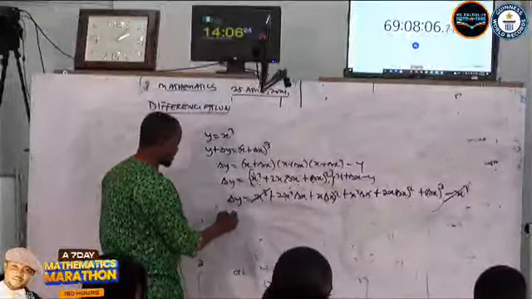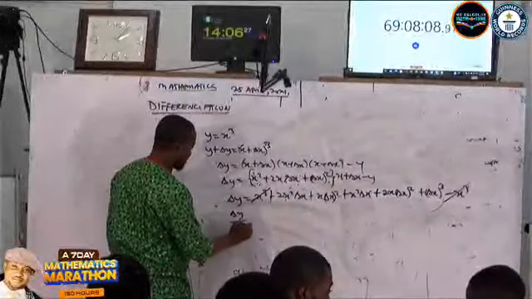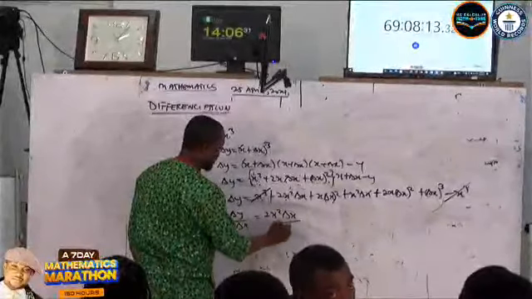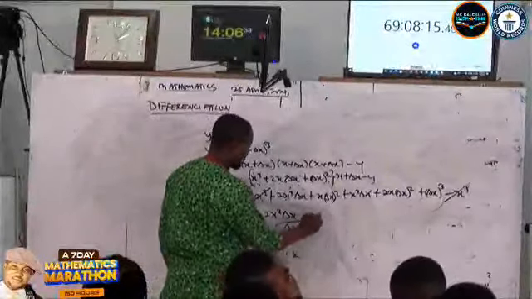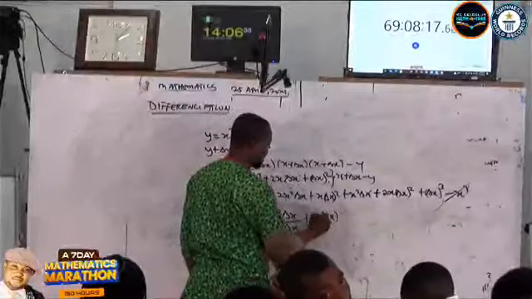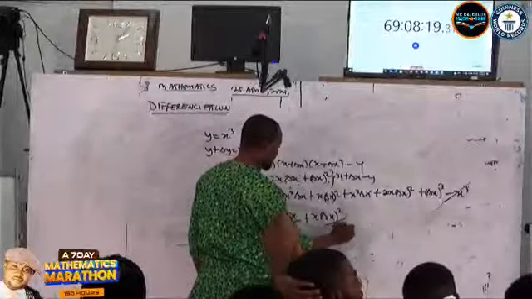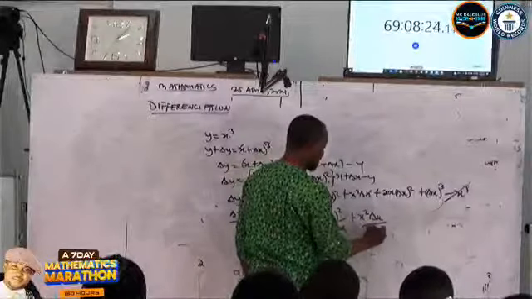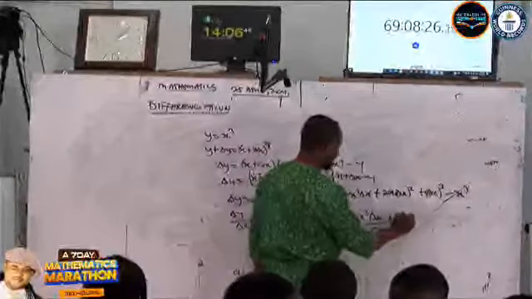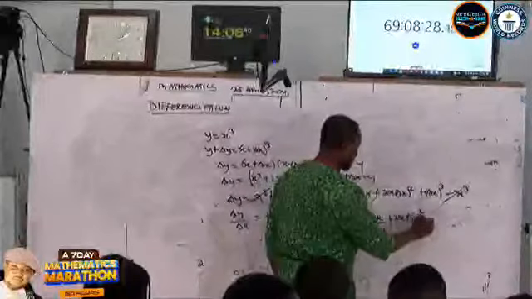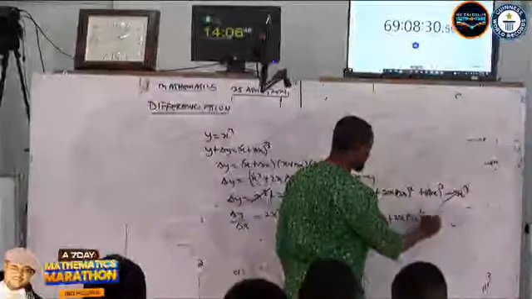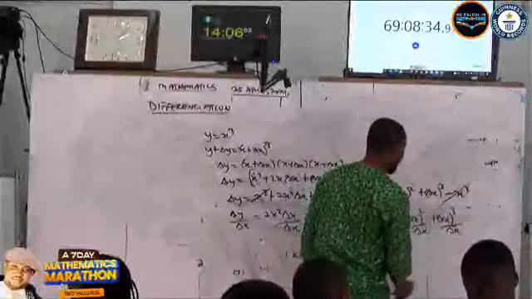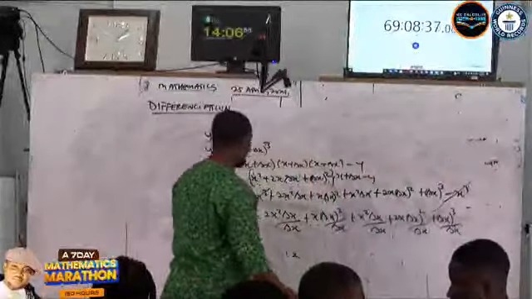So, that will be change in y over change in x, over change in x plus x change in x squared over change in x plus x squared change in x over change in x plus 2x change in x squared over change in x plus change in x all cubed over change in x. I'm dividing all through by that.